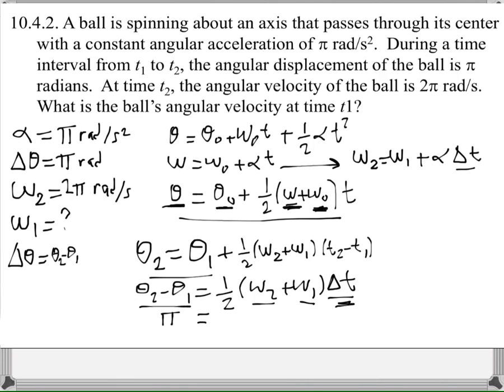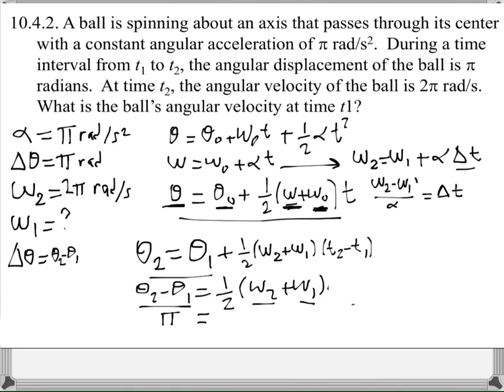Then I will get an equation with one unknown. So omega 2 minus omega 1 divided by alpha, right, is equal to delta T.